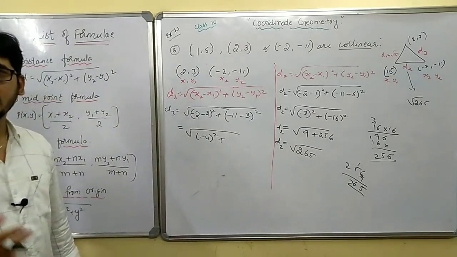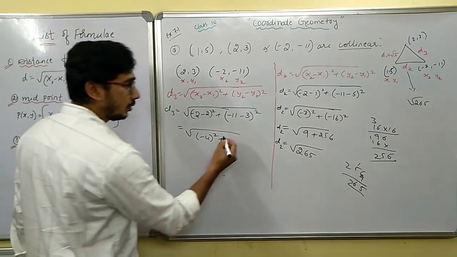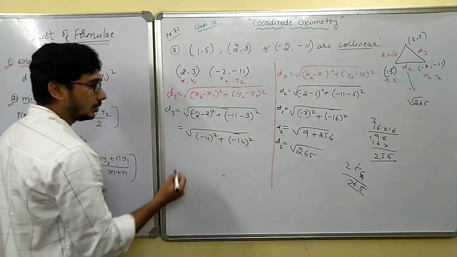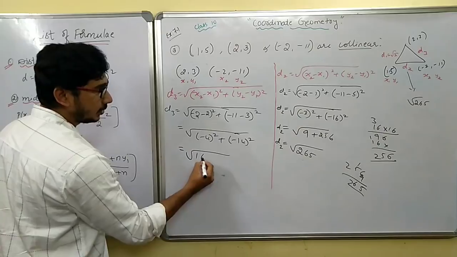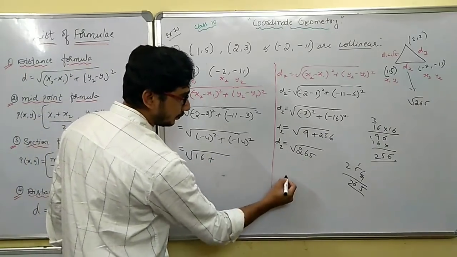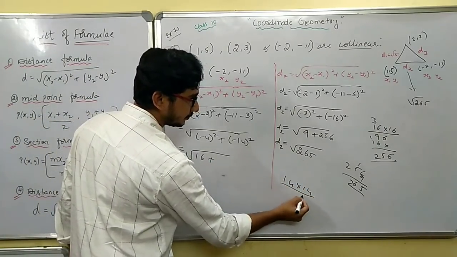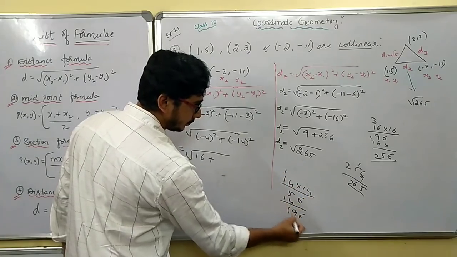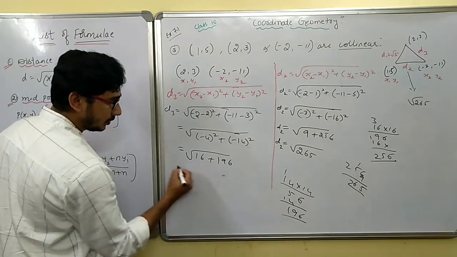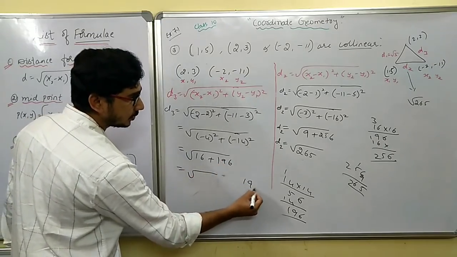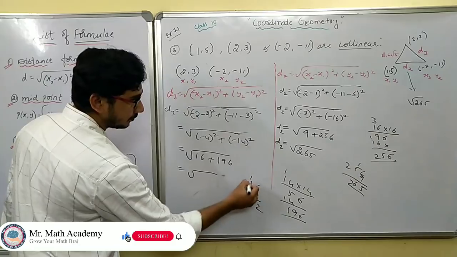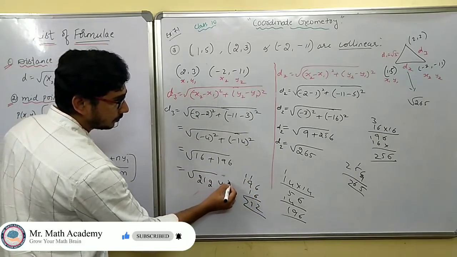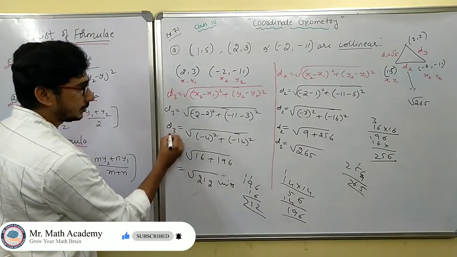Minus 11 minus 3 is minus 14 whole square. 4 fours are 16 plus 14 into 14, how much? 196. If you add this to 16, how much will you get? 212. Okay, this is d3.